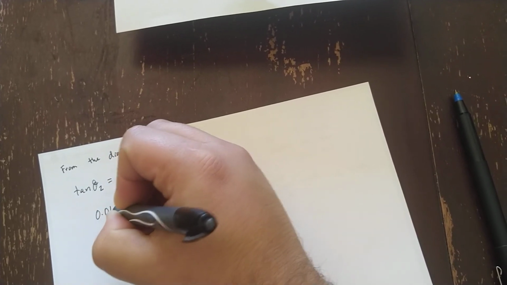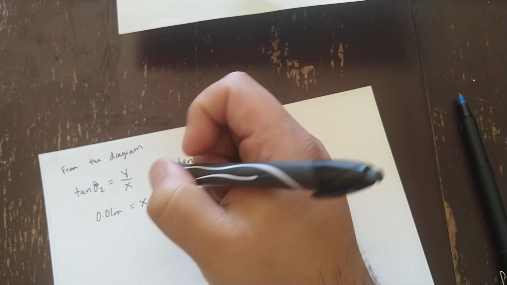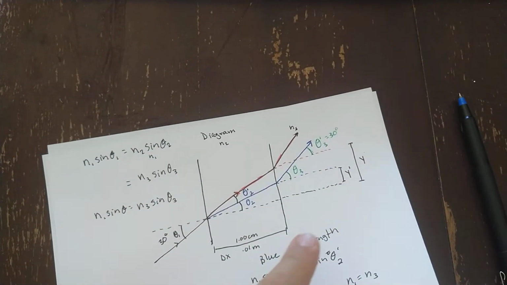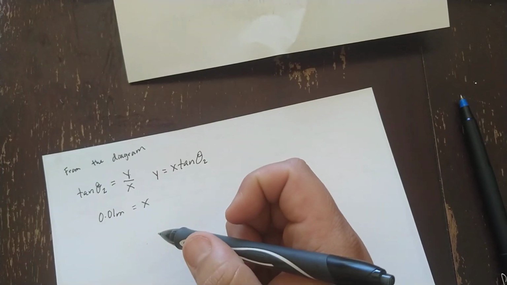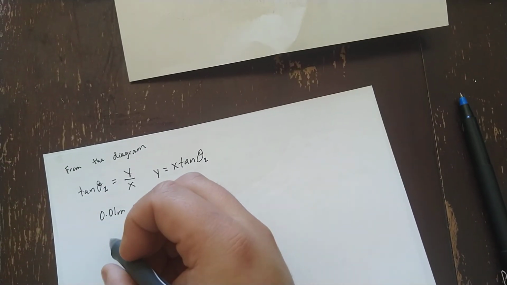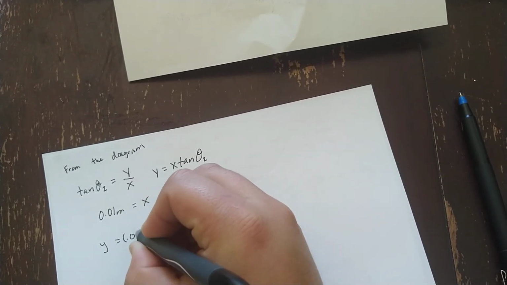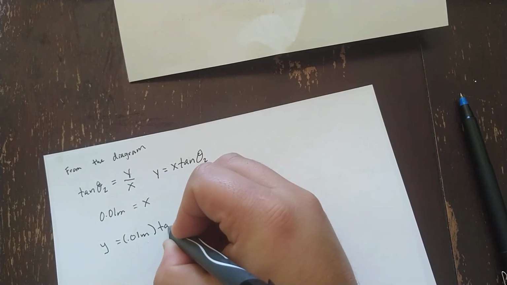So 0.01 meters equals x. And then we're going to substitute in the values to find the distance for the bigger y, which is this y right here. So y equals 0.01 meters times the tangent.